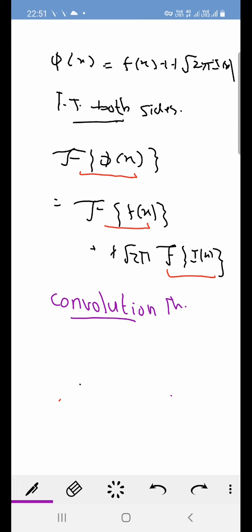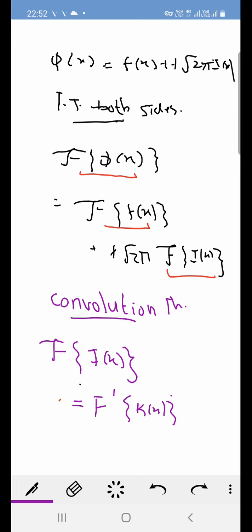According to the convolution theorem, the Fourier transform of function f(x) and function I(x) is equal to the Fourier transform of K(x) into the Fourier transform of f(x).